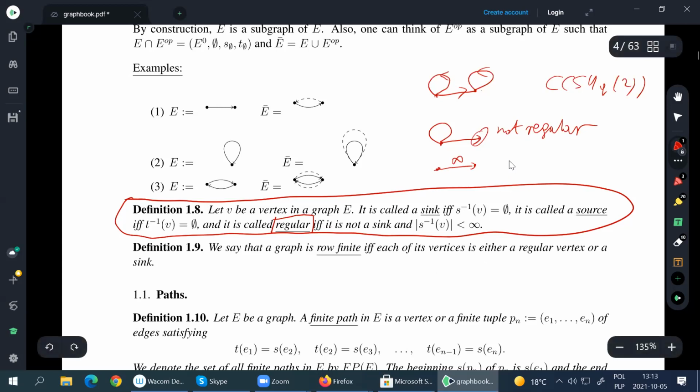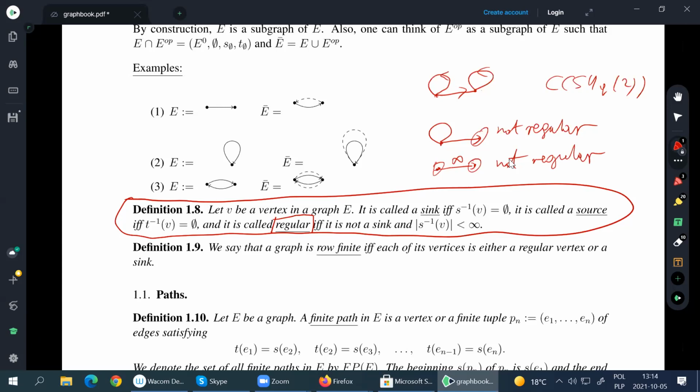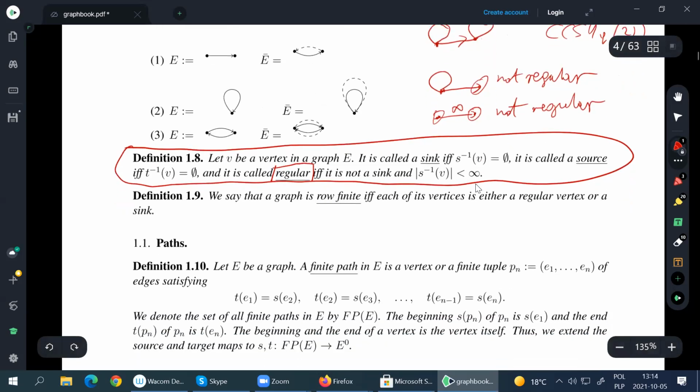Well, here again you have a problem because both of them are not regular: one vertex is a sink, it does not emit anything, and another vertex is an infinite emitter. Okay. So these are the graphs which I showed you on the slides, and you can see what regular vertices are. Here, these vertices are regular. This vertex is regular, and here no vertex is regular. Okay, good. I hope it's clear.